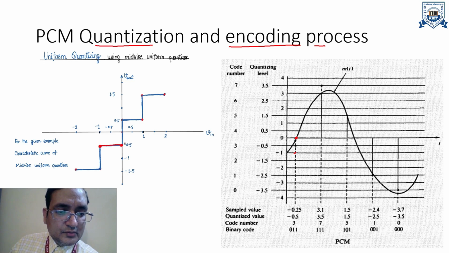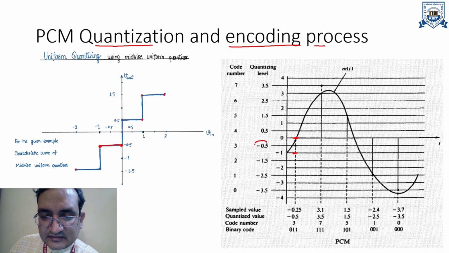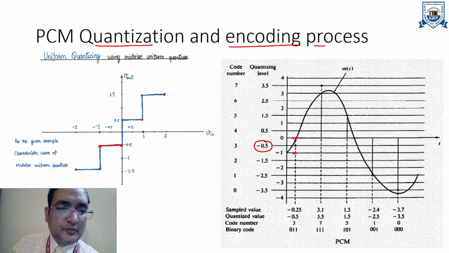This is the quantized voltage value. So if I provide an input in the range between -1 and 0, the quantizer will provide an output value of -0.5.